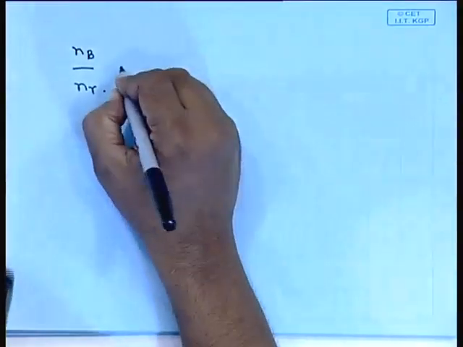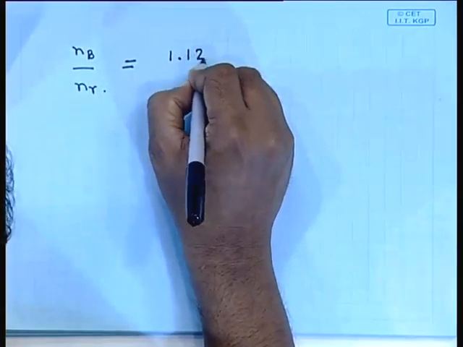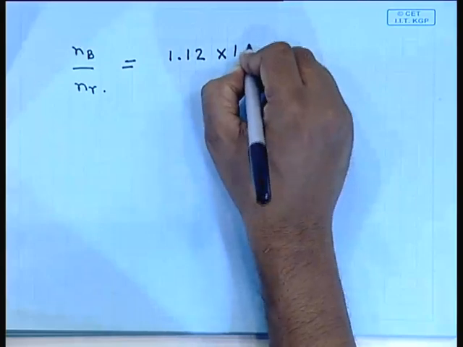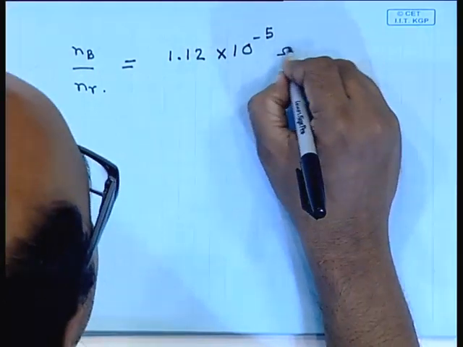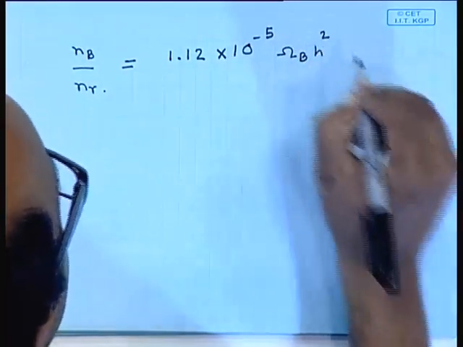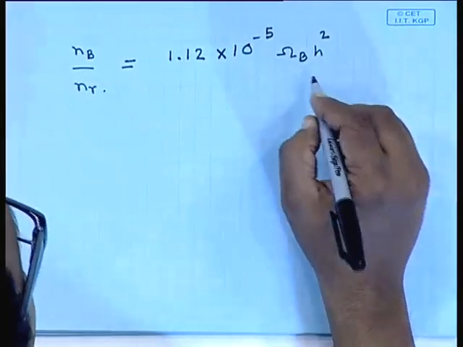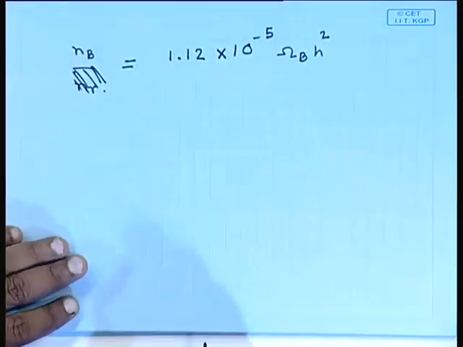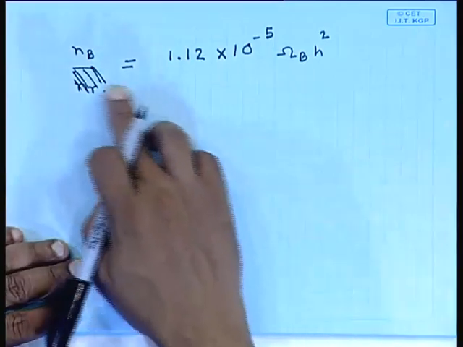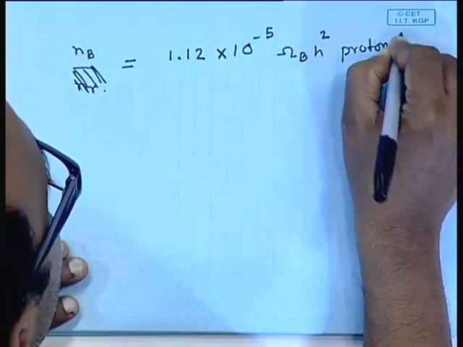So, if you calculate this, I have told you how to calculate this, and I have told you how to calculate this. When you calculate, the number density of baryons comes out to be 1.12 into 10 to the power minus 5 omega baryon h square, protons per cc, okay.